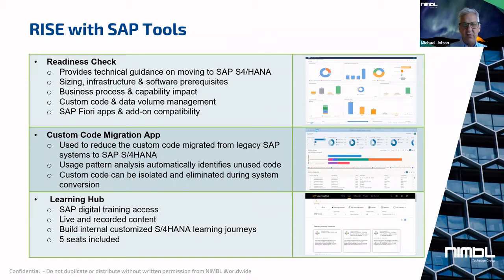It looks at business processes and capabilities that could be impacted by going to S4HANA, and at your data volumes. It'll help get a start at looking at your custom code and what that impact may be. And last but not least, it allows you to look at what Fiori apps may be best suited for you to adopt as you move to S4HANA.